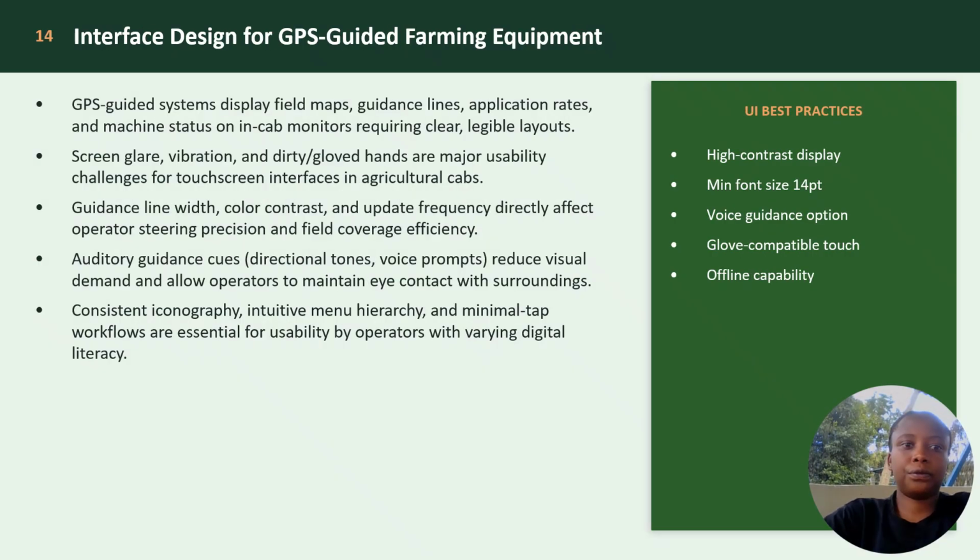The 14th topic is about interface design for GPS guided farming equipment. GPS guided systems display the field maps, guidance lines, application rates, and machine status on the monitor, requiring clear, legible layout.